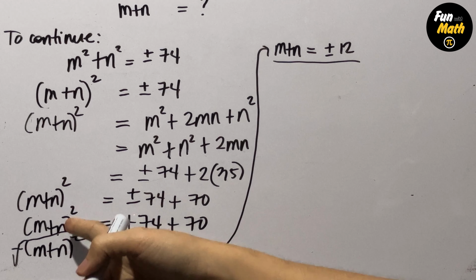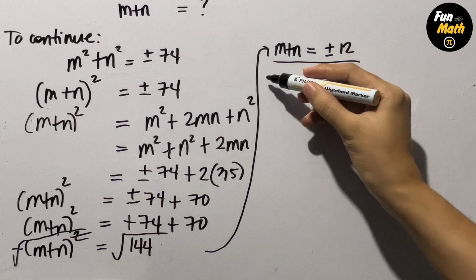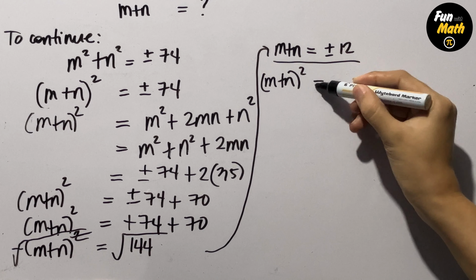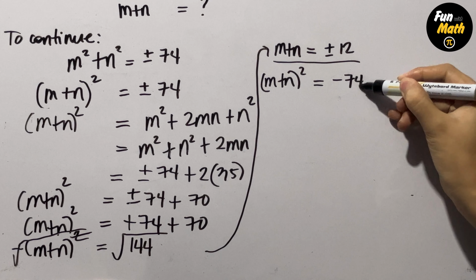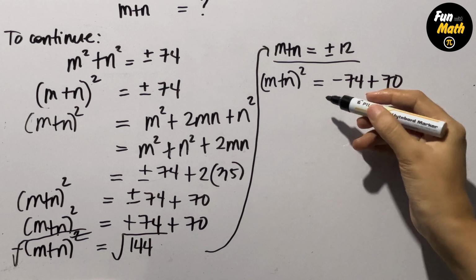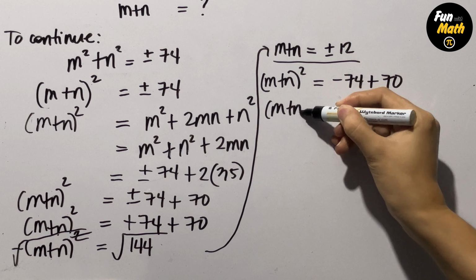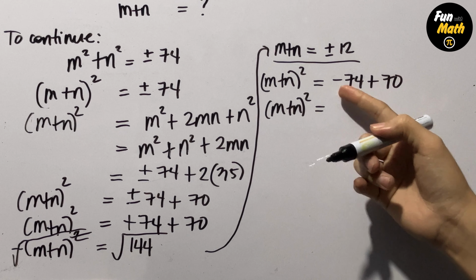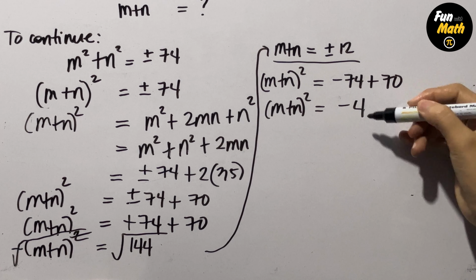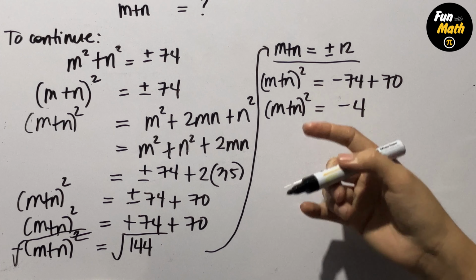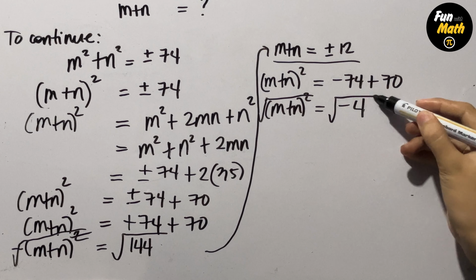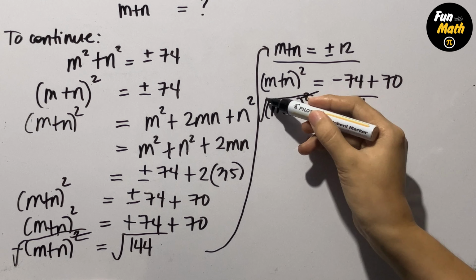Now, the second one is negative. So we have m plus n squared is equal to negative 74 plus 70. Now, this is m plus n squared equals negative 74 plus 70, which is negative 4. Now, to remove the squared, let's insert a radical on both sides. So this is cancelled, and also the radical.